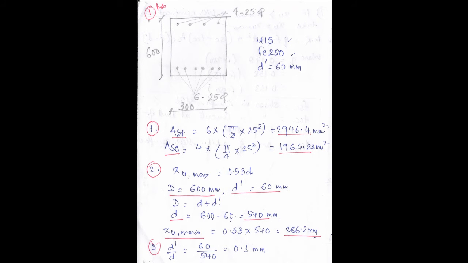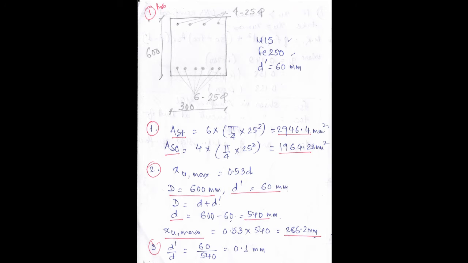Let us see. First we should note down what is given in the question. Let us draw the section. A beam of 300 by 600 millimeter is given. So first we draw the beam 300 mm by 600 mm, but it is the overall depth given, correct?